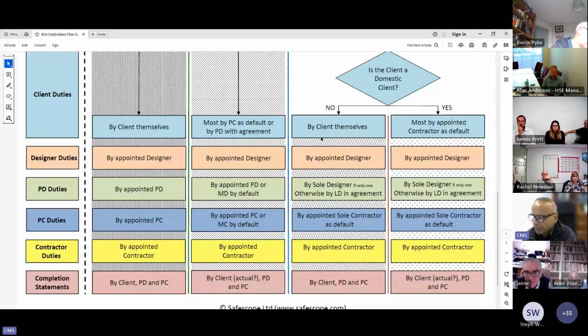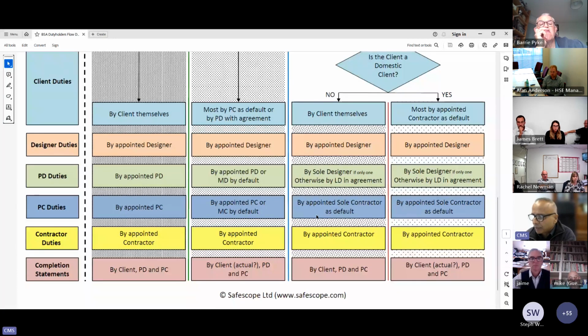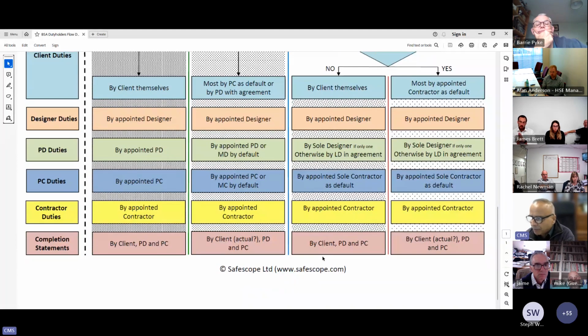If it's one designer, then that designer has to fulfill those duties by default. Or if there are more than one, then the designers have to agree among them who will look after the PD duties. The PC duties exactly same by the sole contractor. Contractor duties are by the contractor. And in this case, there's no ambiguity that the client, PD, and PC will give a statement.